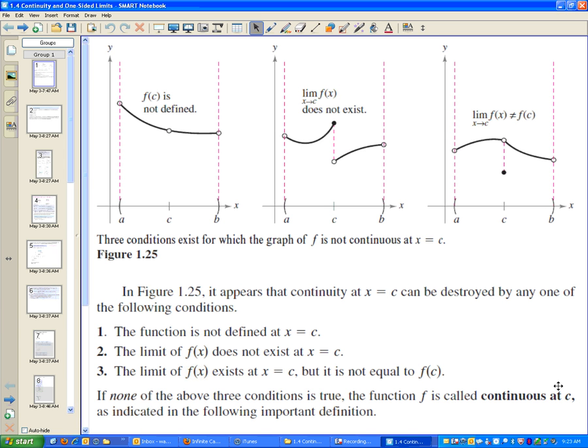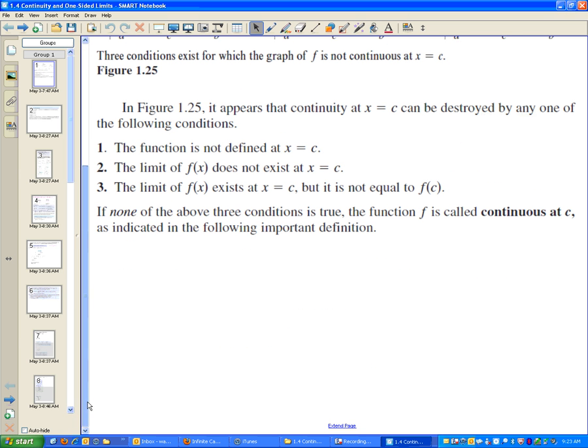But they're continuous everywhere else, except for where the hole was, or the two holes, or however many it happened to have. So, if none of the above three conditions is true, the function f is called continuous at c. Okay? So if there's not a reason for a function to be discontinuous, then it's continuous.